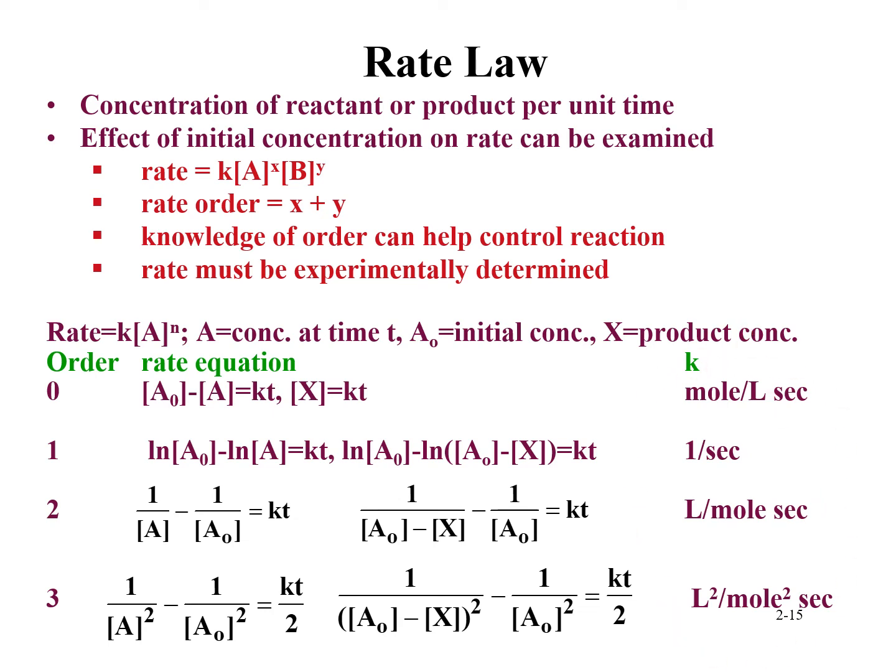One would plot some of the equations here. So something that's first order, log of the initial concentration minus log of the concentration at time t is equal to kt. Plotting this value against t should give a linear response with the slope equal to k.